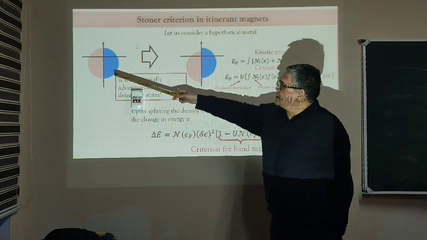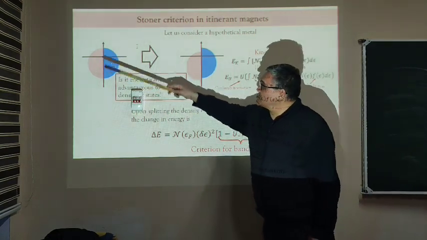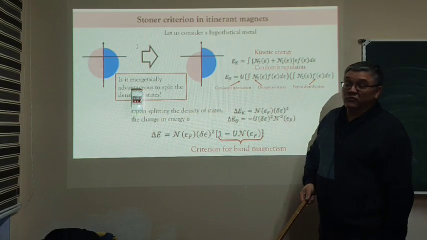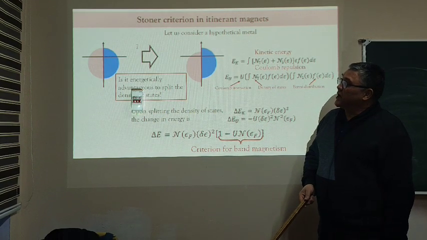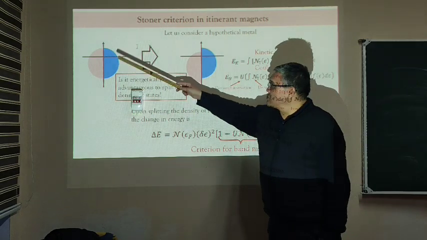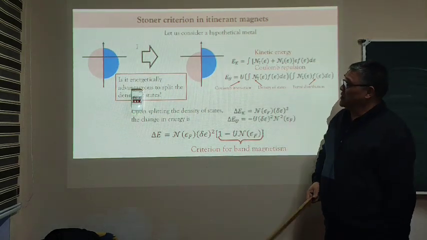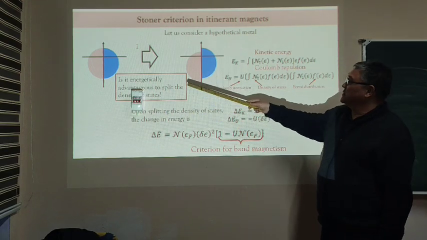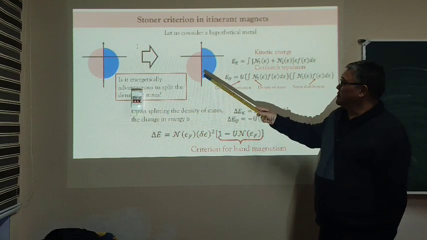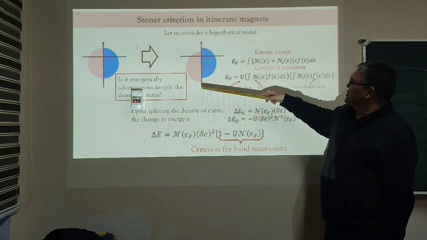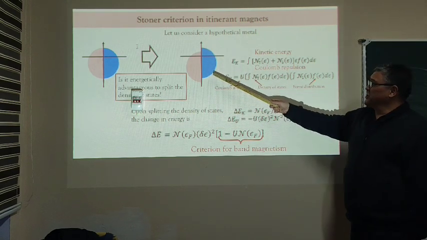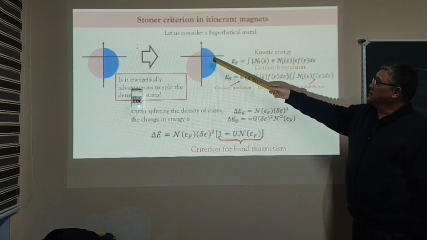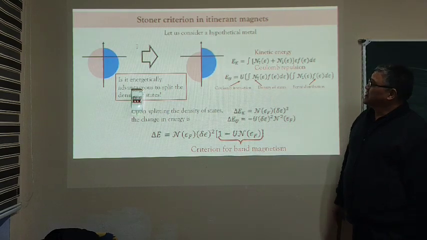This red half circle corresponds to the density of states versus energy for spin up electrons, and the blue corresponds to spin down electrons. Now let's consider case one, for example, where this density of states will be asymmetrical. Then we have this picture. For the blue, we have a larger value of density of states compared to the red ones.